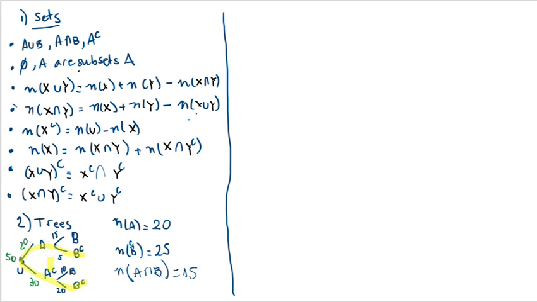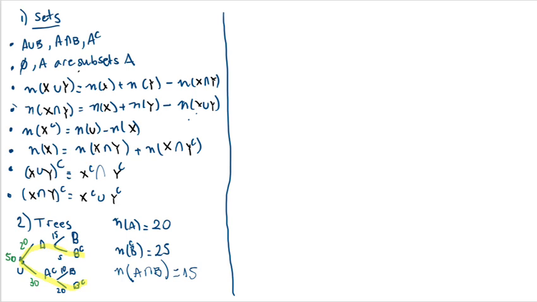So 5 plus 20. I have to account for 25, because I can be in B complement through A, right? And I can be in B complement through A complement. Okay, so these are the most important properties.